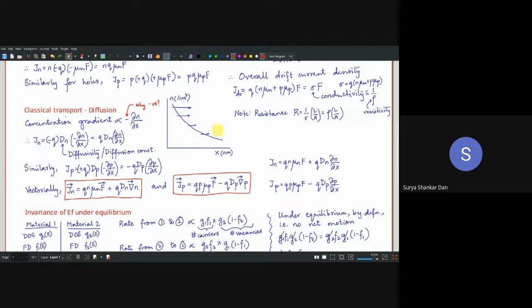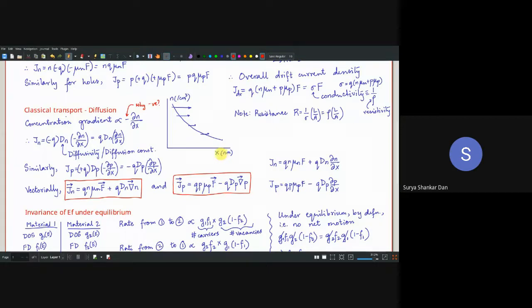Okay, so or else simply you can say that, many people have a wrong concept कि it is because x increasing में n decreases. n decreases नहीं है भाई. X यहाँ पर decrease हो रहा है because I have drawn it in this particular fashion.